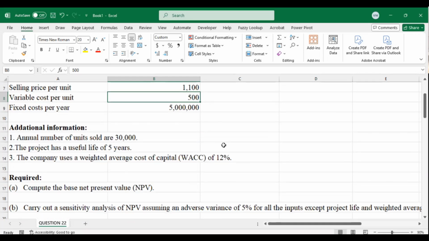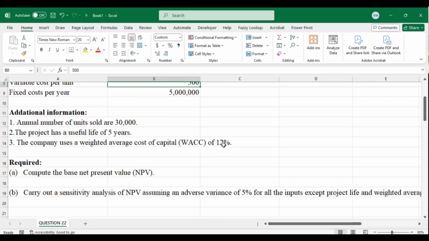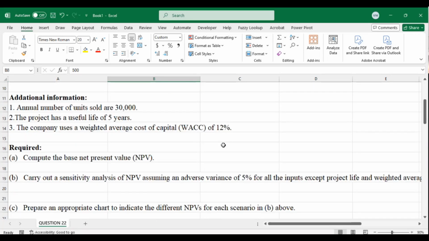So the question wants us to compute the base net present value. At the same time, the question wants us to carry out sensitivity analysis of the NPV, assuming an adverse variance of 5% for all the inputs except the project life and the weighted average cost.